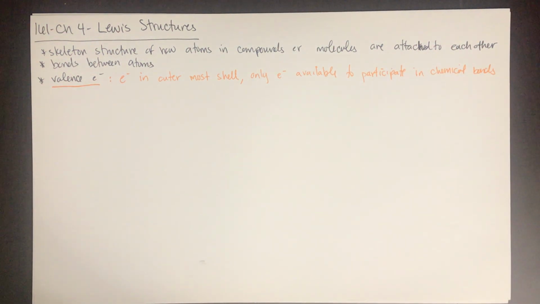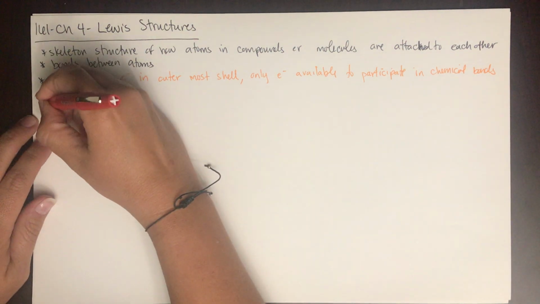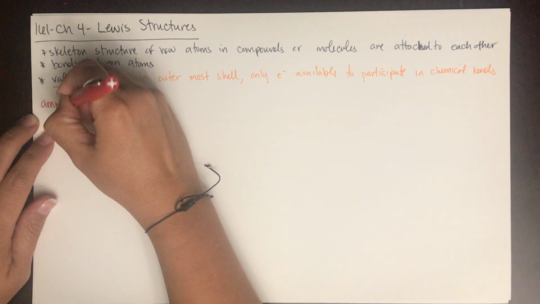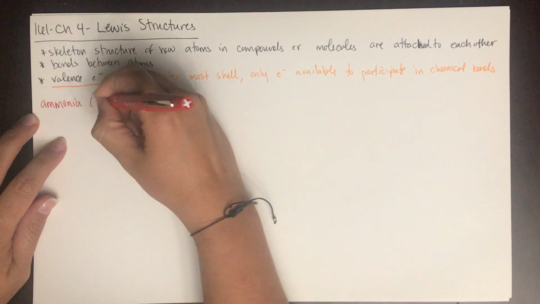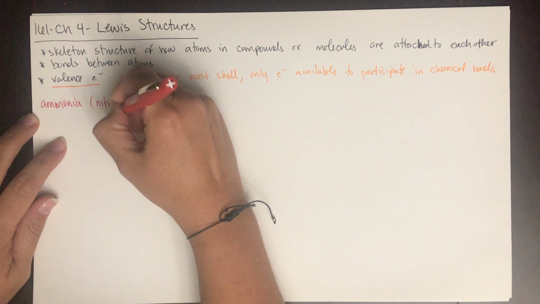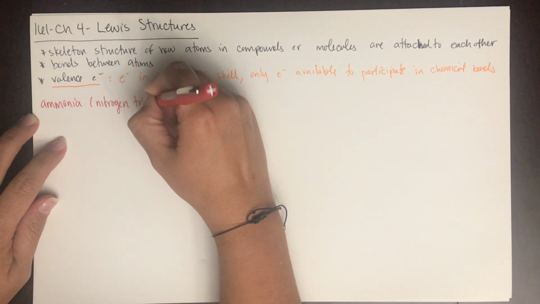So the best way to teach about Lewis structures is to just do some. The first one we're going to look at is ammonia. Ammonia is really nitrogen trihydride.